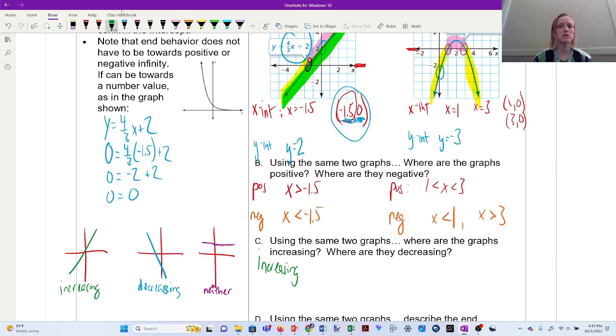This graph increases for all real numbers. For all values of x, this graph is increasing. So that means in terms of decreasing that there are no regions where this graph decreases. So we'll just say never. Never decreasing for this graph.